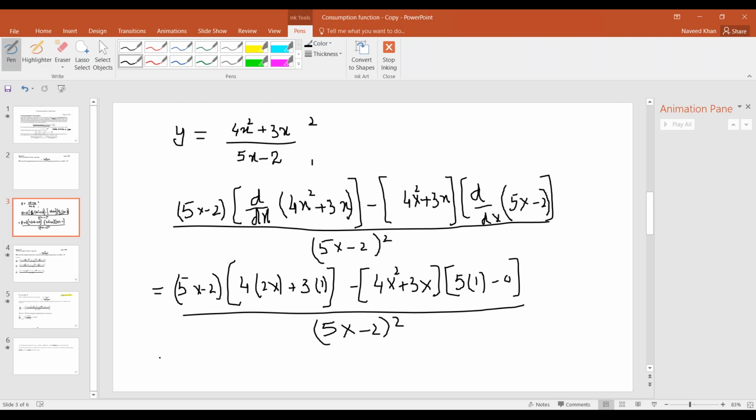Now, dear student, right now we are going to simplify it, so it will become 5x minus 2.